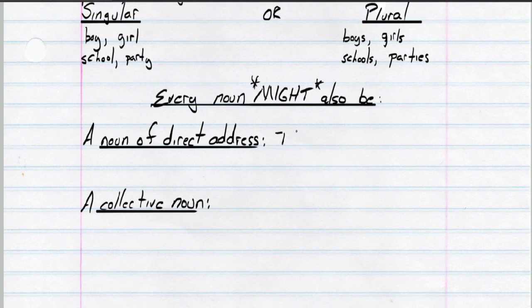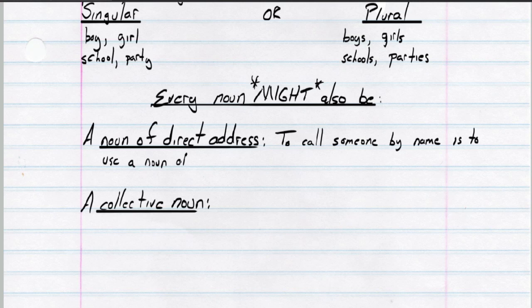So out here I want you to put to call someone by name is to use a noun of direct address. To call someone by name is to use a noun of direct address.